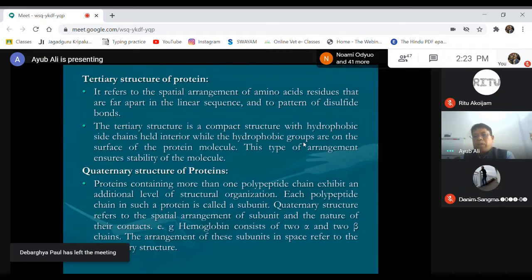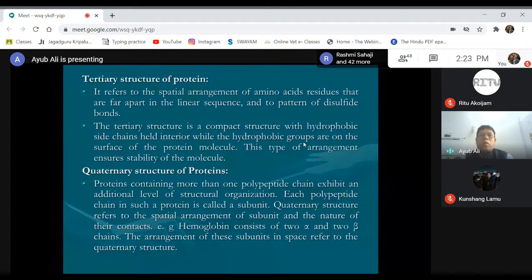Each polypeptide chain in such a protein is called a subunit, and quaternary structure refers to the arrangement in space of the subunits and the nature of their contact. So how the different subunits are arranged in space and how they are in contact is referred to as the quaternary structure.